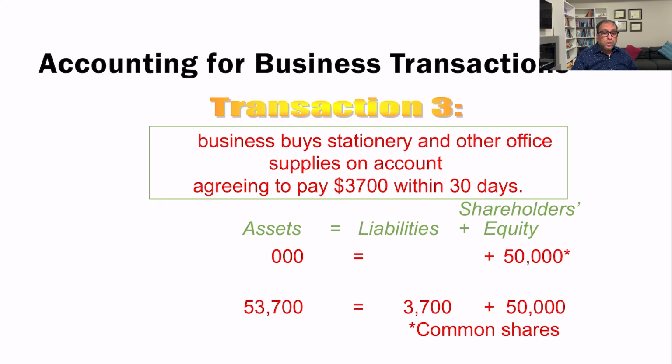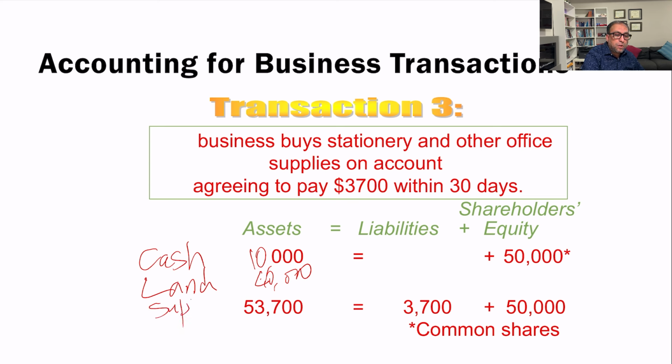Now what is it? Okay, cash is 10,000, land 40,000, and supplies is our third asset, which is 3,700, and altogether we have 53,700 on the asset side.